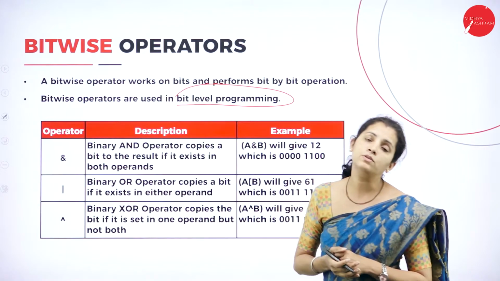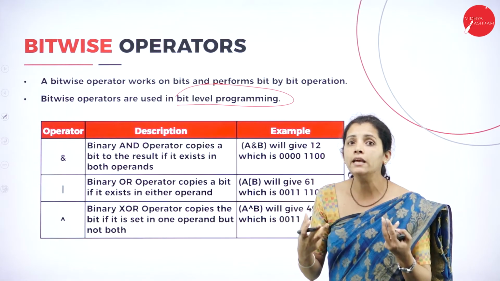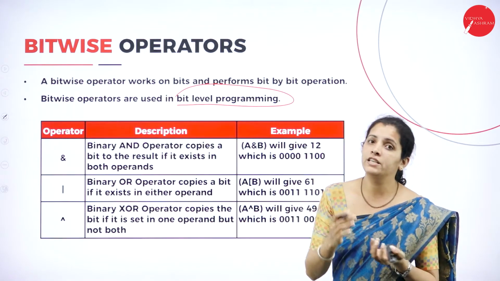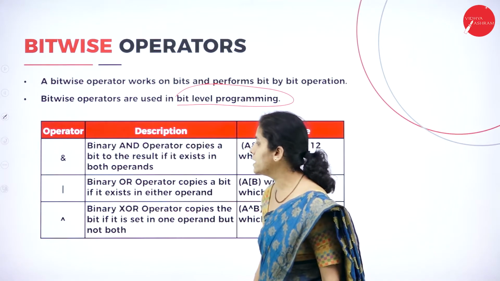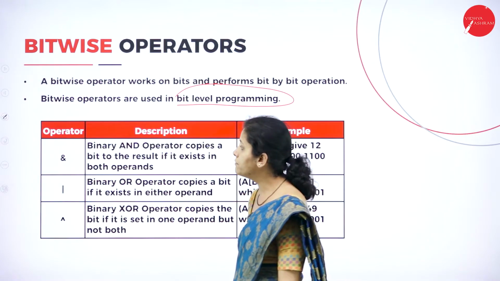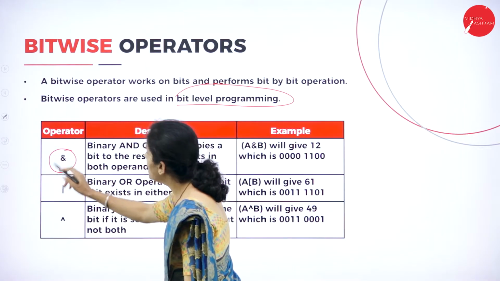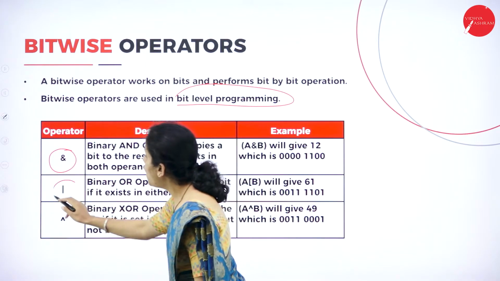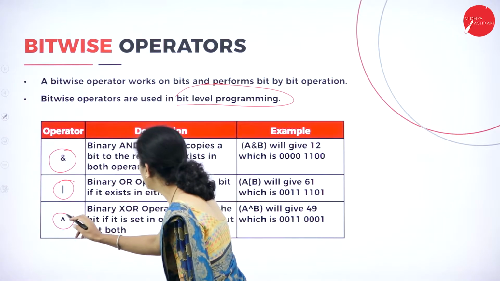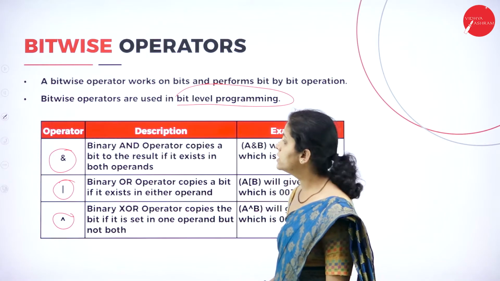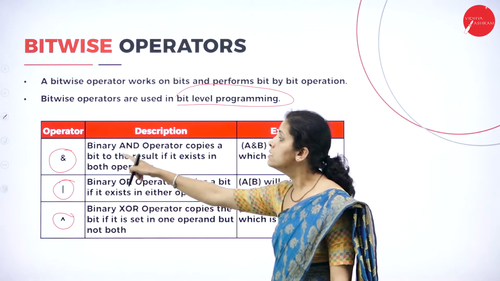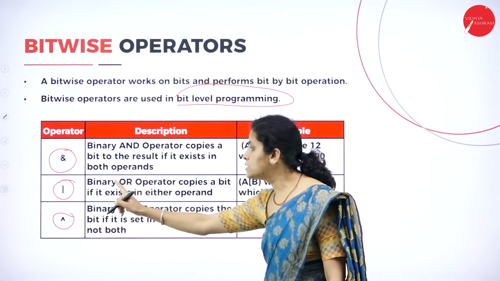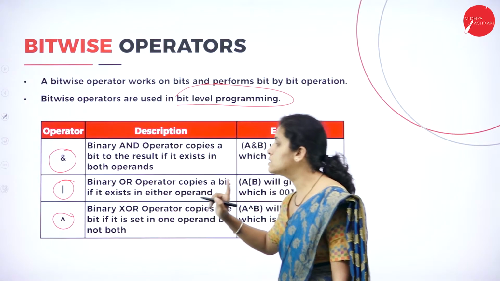That means, suppose I want to perform any right shift or left shift, at that time I can make use of bitwise operators. And I'm going to have operators like AND, OR, and XOR. So dear student, these are the bitwise AND, bitwise OR and bitwise XOR.